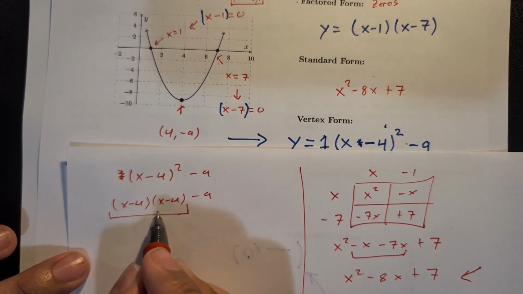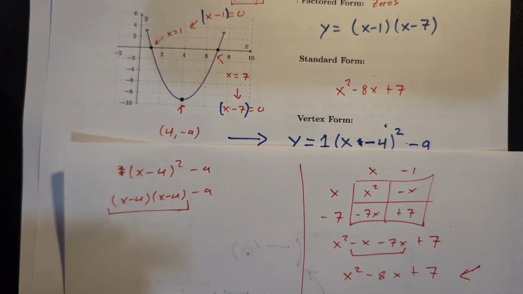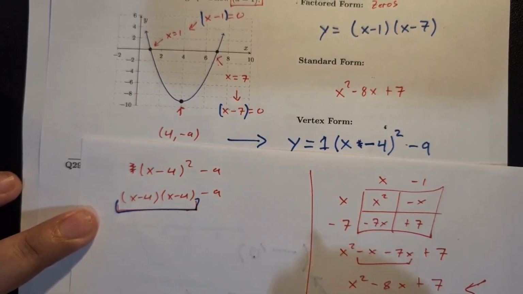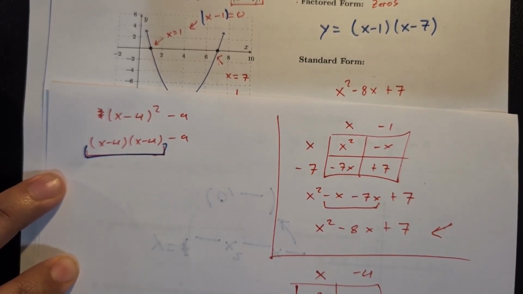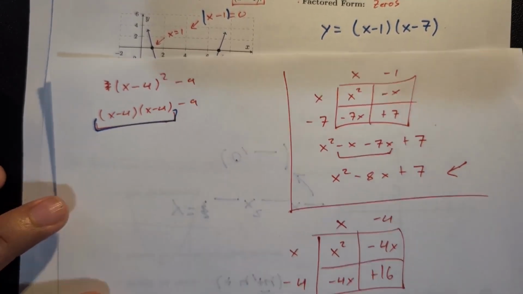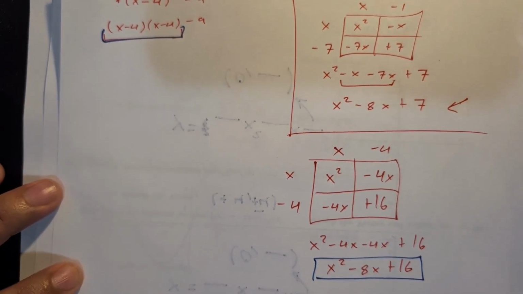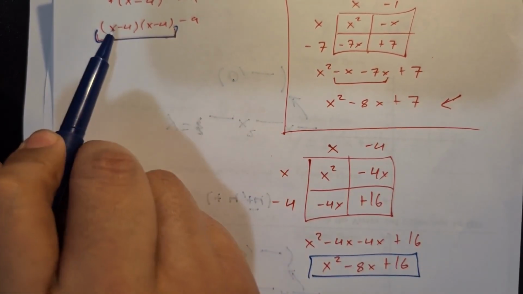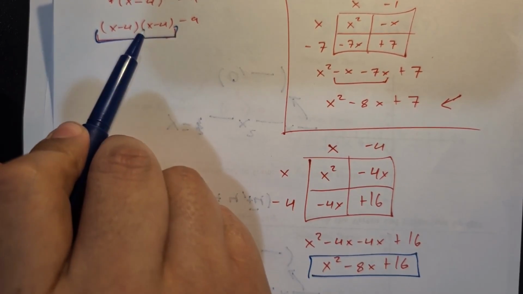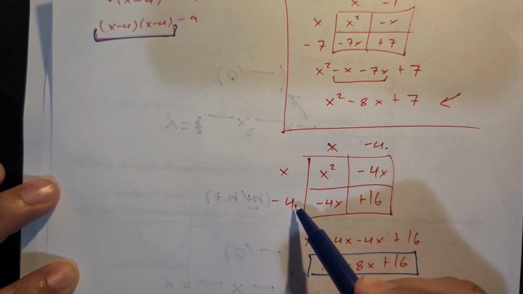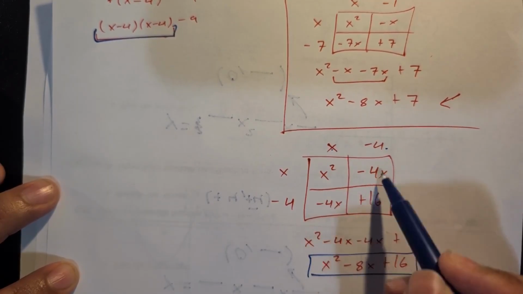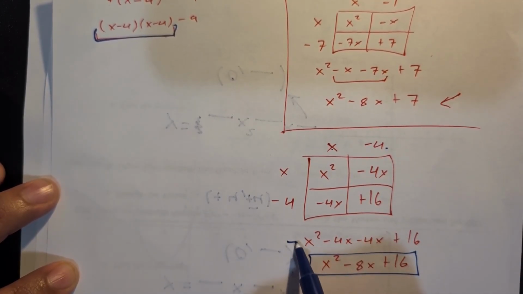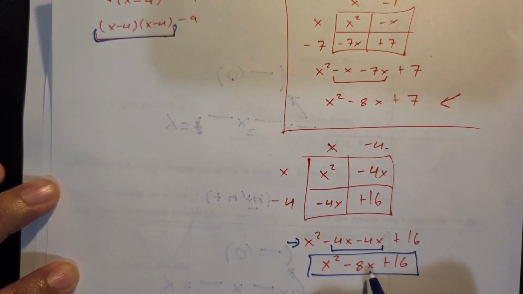So this inside, let me write it in a different color. That becomes this. Here, with the box method, I'm multiplying x minus 4 times x minus 4, did the box, wrote the terms out, combined like terms, and I got that.